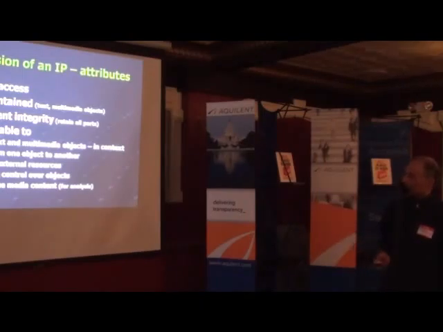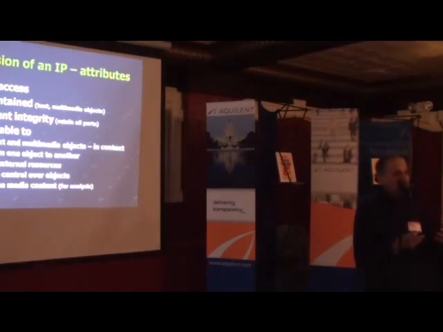It's got to link from one object to another, link to other things outside, and the user has got to control the objects in a way that he's familiar with. Simple example, if you have a video, this document system should allow the usual play, fast forward, pause, those kinds of controls. Most important though, the media content should be reusable, and I'll deal with this in a minute.